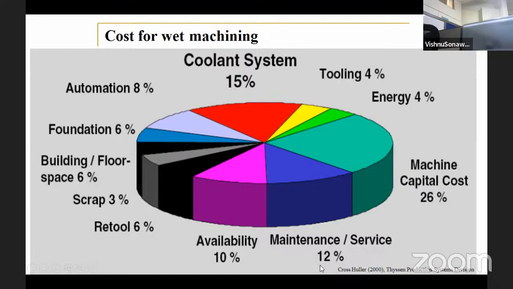Maintenance service 12%. Machine capital cost 26%. Energy required for the machine tool is 4%. Cutting tool is 4%. But in all these criteria, the 15% coolant system is required. This total costing is considered in the automation production system, right?